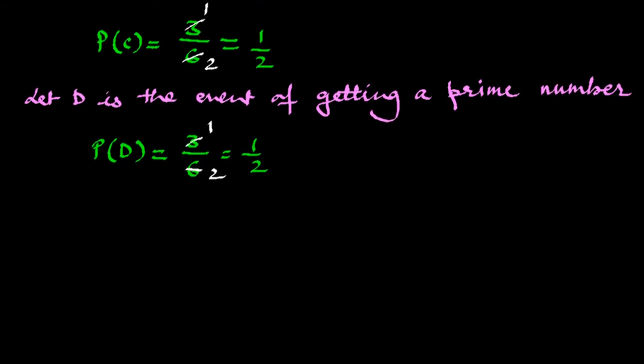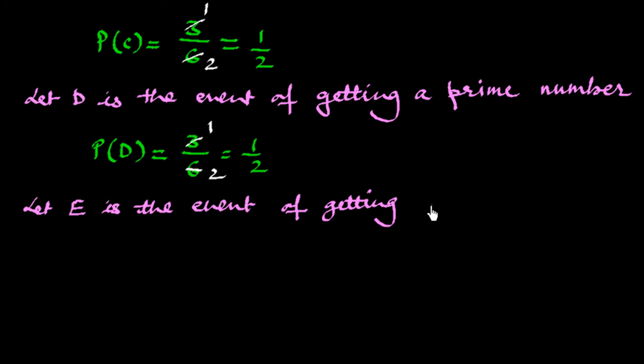Now we take another event E. Let E be the event of getting a number greater than 4. So look at here, how many numbers are greater than 4?